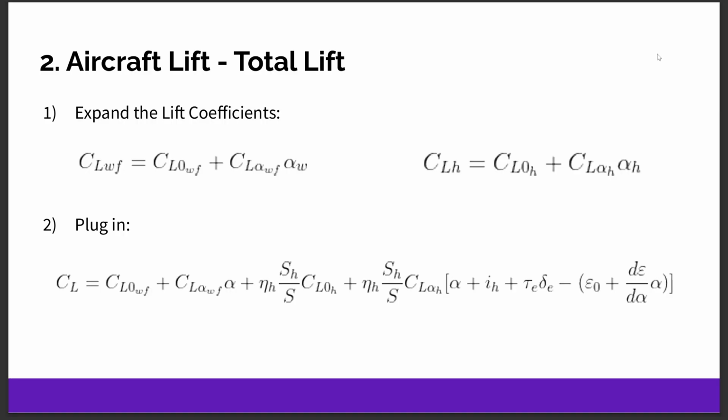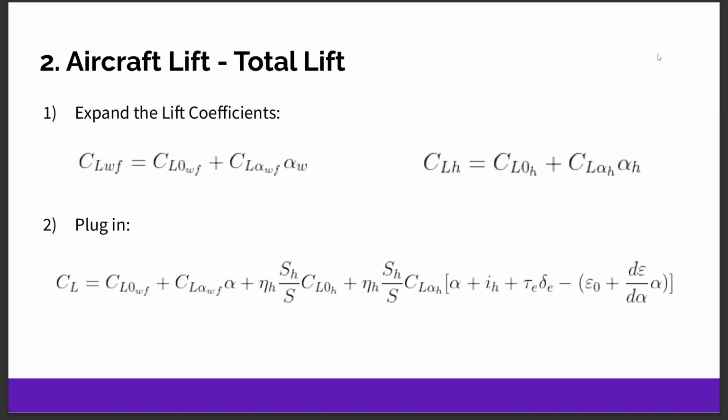And then for the tail, it's equal to CL0 of the horizontal stabilizer plus CL alpha of the horizontal stabilizer times alpha of the horizontal stabilizer. So we can assume the incidence of the main wing to be equal to 0. So alpha wing is actually equal to alpha, and alpha of the tail is going to be equal to what we had derived a few slides earlier.